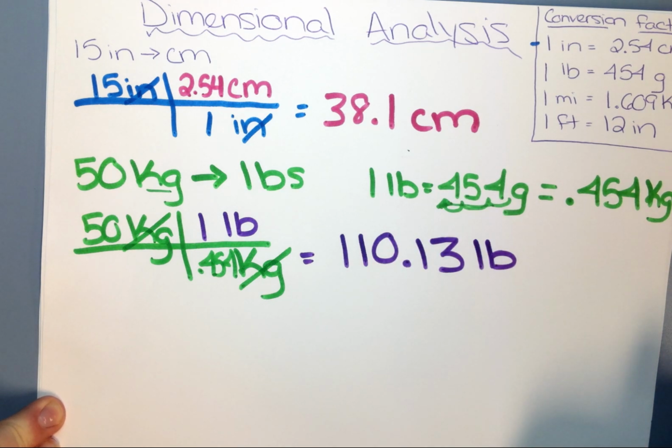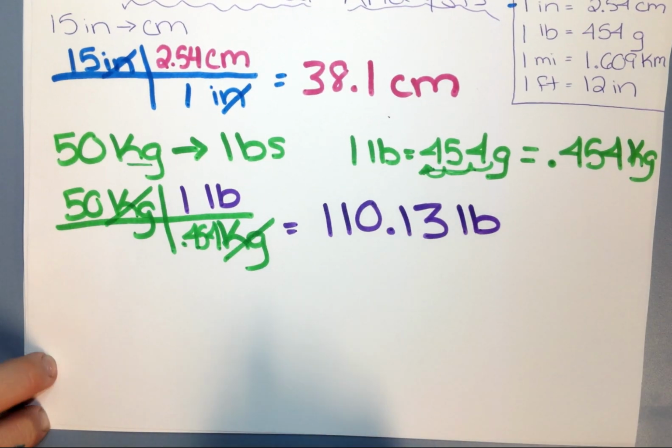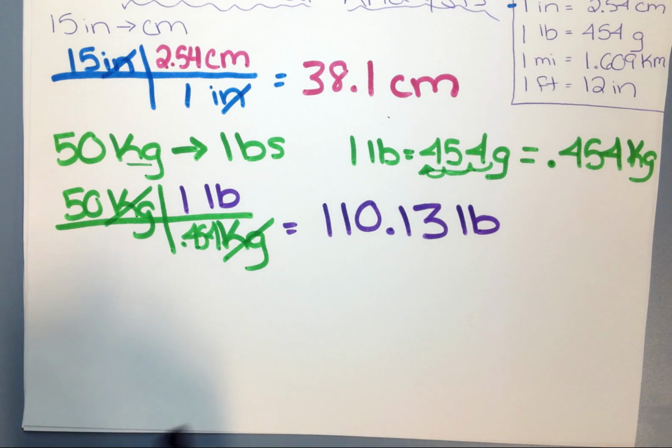What if we had a something per something? What if I gave you a speed and we wanted to convert that speed to another speed or another set of units?